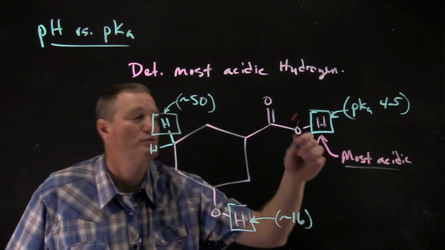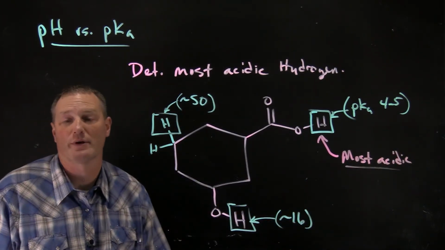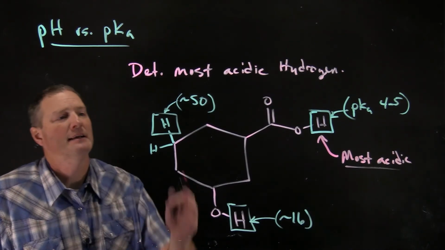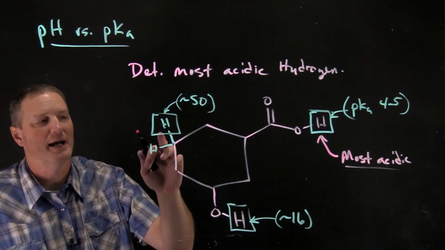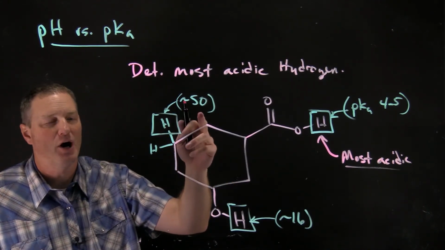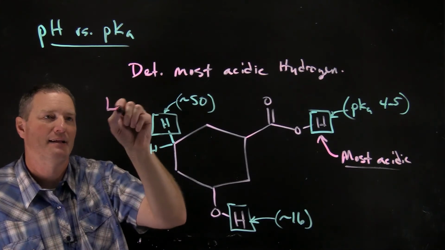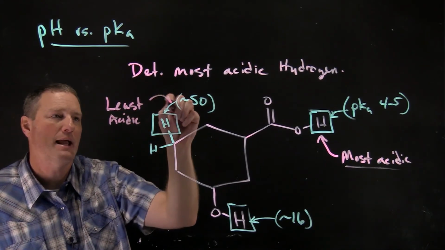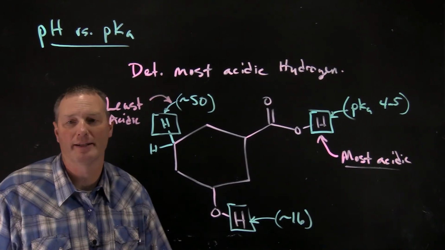It would be the first one to come off if you were to treat this with a solution of base, like sodium hydroxide. Conversely, this alkane proton, or any of the alkane protons on the ring, are not acidic at all. So these would be the least acidic. And the alcohol proton will be somewhere in the middle.